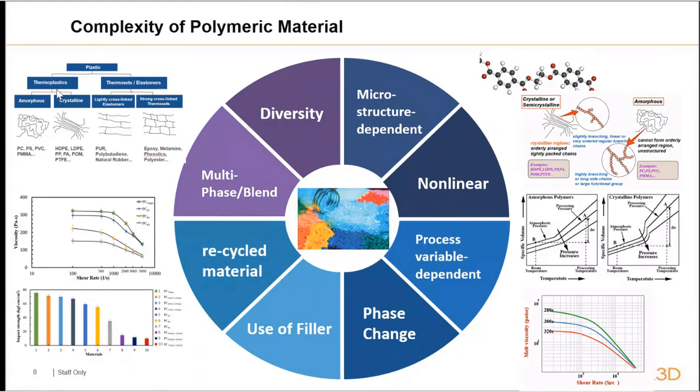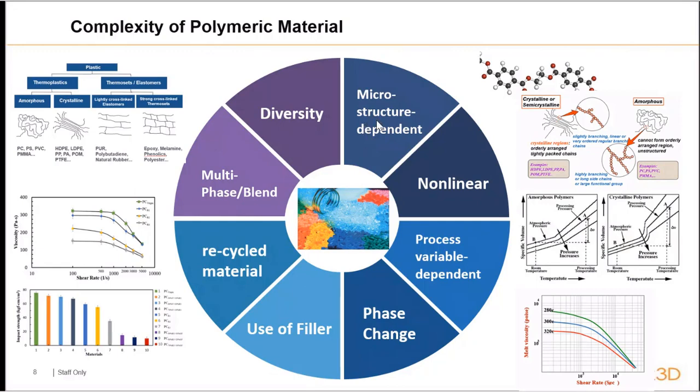For thermoplastics, according to their microstructure, we can divide them into amorphous and crystalline. And of course, different microstructures lead to different properties. So the properties of the polymer are also highly microstructure dependent.